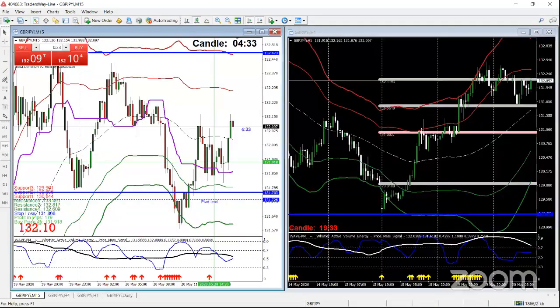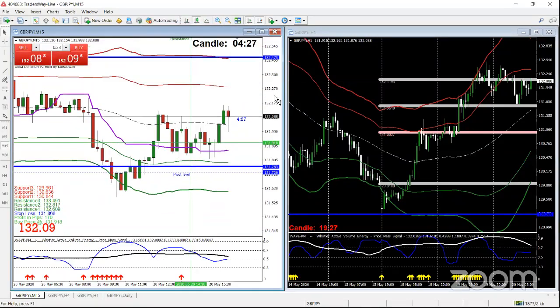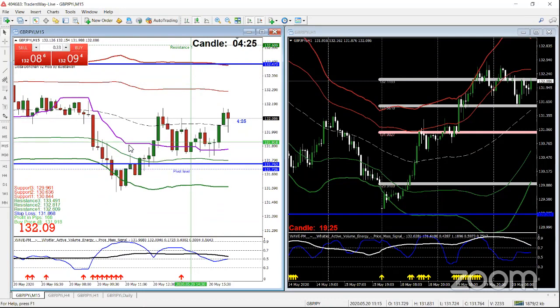That's why I was saying over here, without even having this on, I knew what we wanted to do was take anytime it came down to the bottom, that side of the range. We want to buy down here, sell up here.